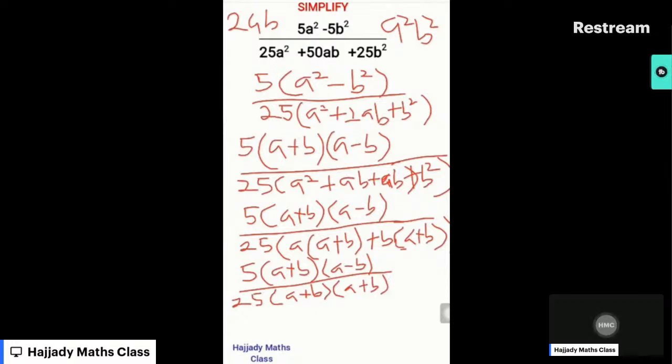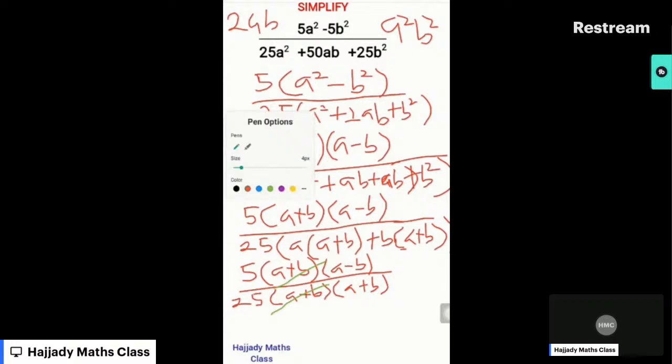So this is how I arrived at that. a plus b is common, bring it out, and you are left with a plus b. So now there's a need for us to cancel out. In this case, a plus b can easily cancel a plus b, because they are separated by times and they are a single entity because they are in the brackets. So it can cancel out. So you'll be left with what?